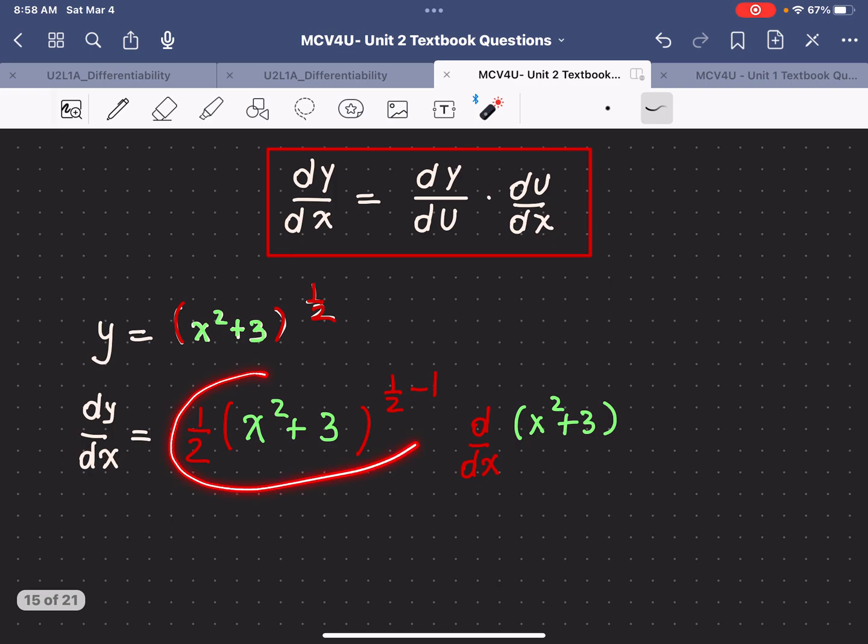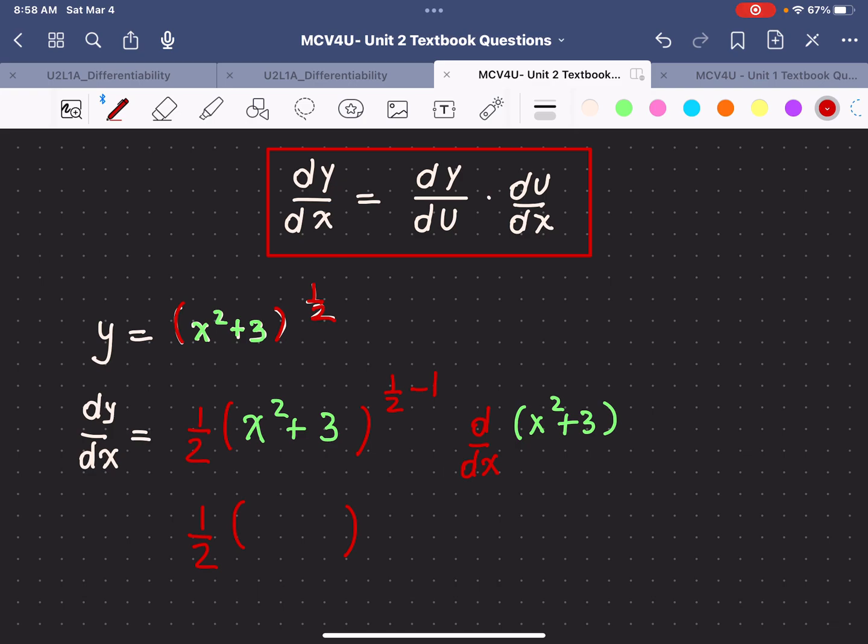And we will also be differentiating this outside function, which I would write in a simpler form as 1/2, times u to the power of 1/2 minus 1/2, which would be negative 1/2. And then we have u in here, as you can see.